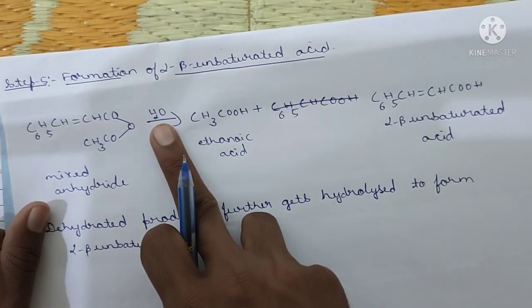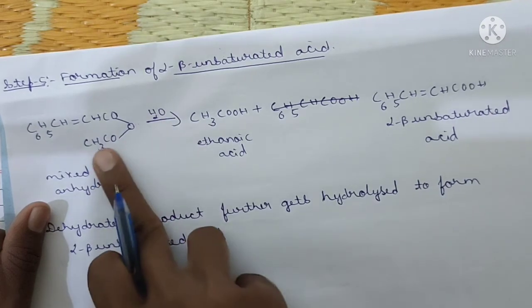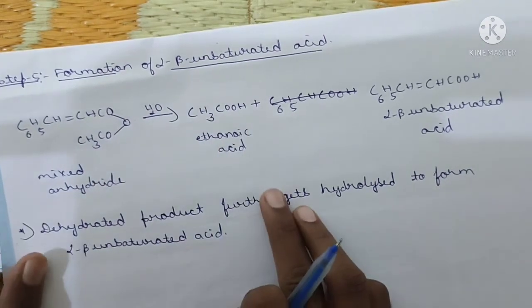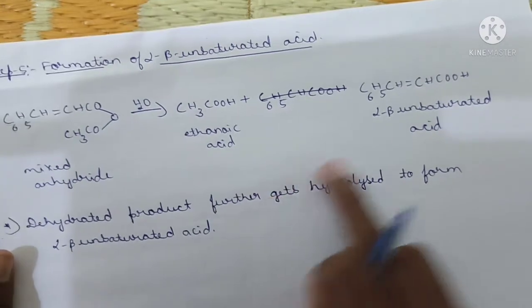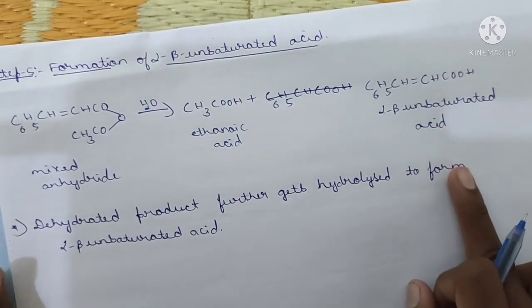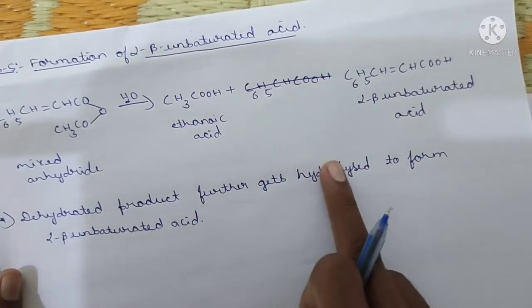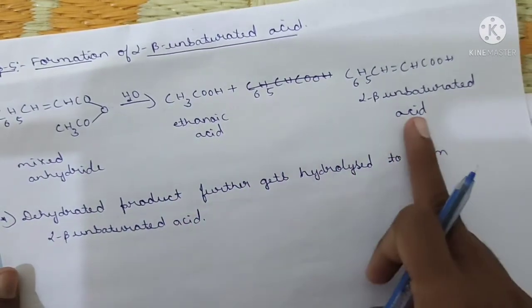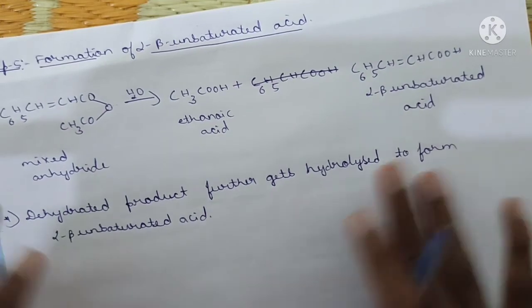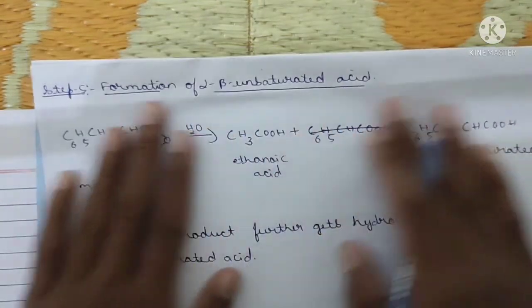Only one H is remaining, and we add it to form CH3COOH, acetic acid, ethanoic acid. One is ethanoic acid, and another is the alpha beta unsaturated acid. The dehydrated product further gets hydrolyzed to form the alpha beta unsaturated acid. Yes, this is the completion of the Perkin condensation.